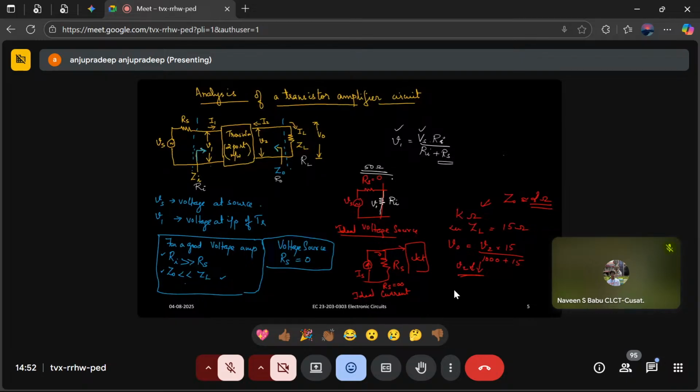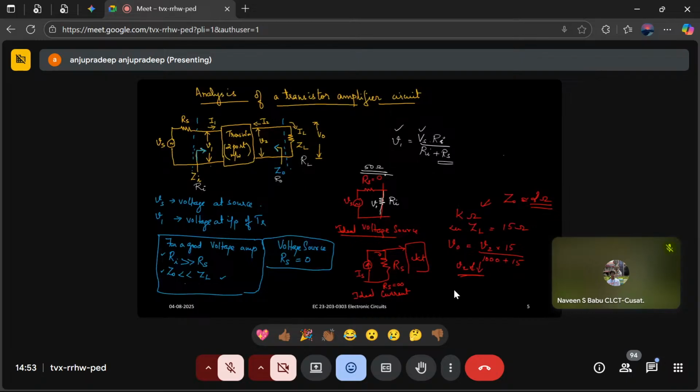See, from this equation, how can you make V1 equal to Vs? Either Rs should be equal to 0 or very small, or the next option is Ri much, much larger than Rs. If Ri is much, much larger than Rs, then V1 will be almost equal to Vs. So if you are designing a voltage source, try to make the source resistance as low as possible.